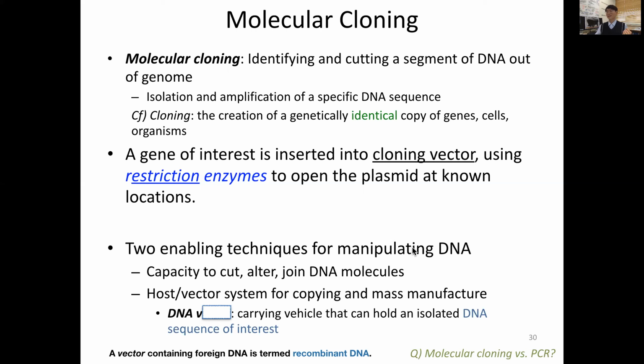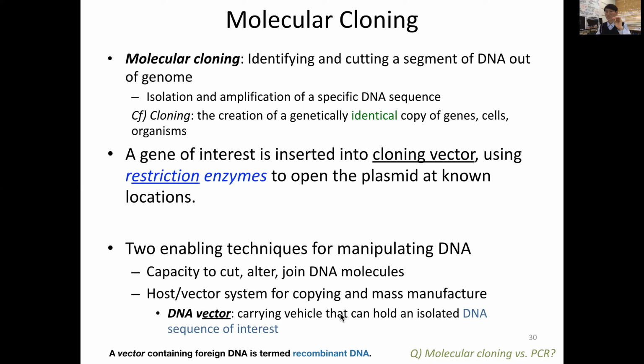To manipulate DNA, two enabling techniques are involved. First is the capacity to cut, change, and join DNA segments together. The second is a vector system for copying and mass manufacturing the part of the DNA we are interested in, which is carried by a vector. A vector is a carrying vehicle that can hold an isolated DNA sequence of our interest.